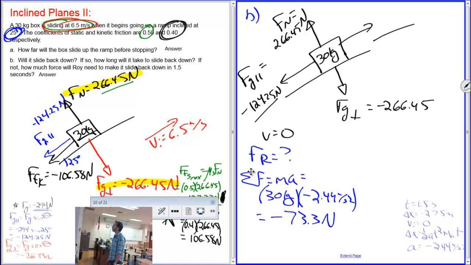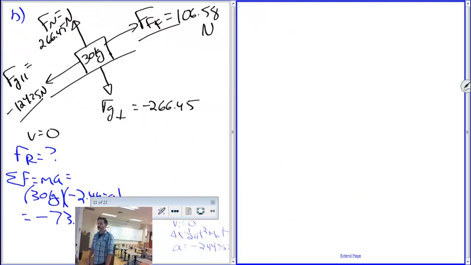Now what other forces act on this thing? We're trying to make it slide down the ramp. So we've got a force of friction. It's sliding, so it's kinetic, and we already decided that it was 106.58 newtons. Notice my friction is now going up the ramp because the box is sliding down the ramp. And we're trying to find the force of Roy.